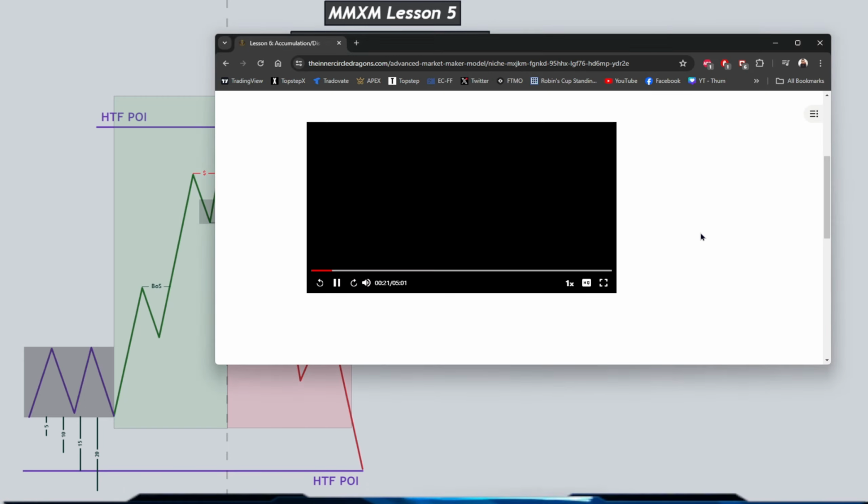Listen carefully. Now, before we begin, you wouldn't have heard this terminology before, especially if you're familiar with ICT concepts. I coined this term many years ago when I was doing research on market maker models. Since then, ICT has spoken about this concept, but the terminology has never been clearly defined.